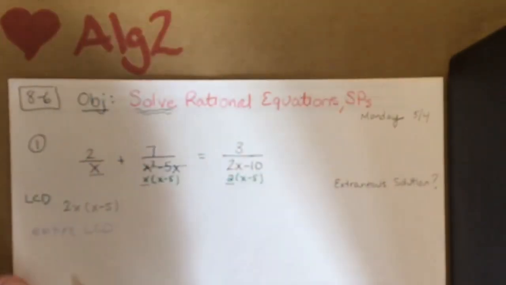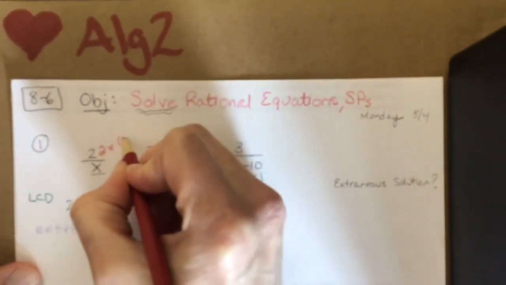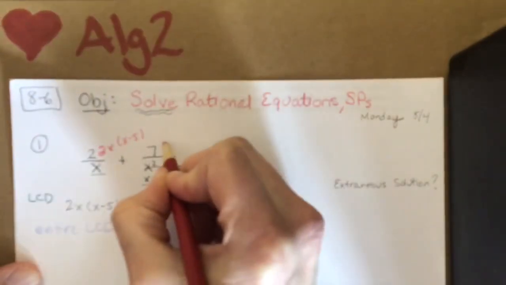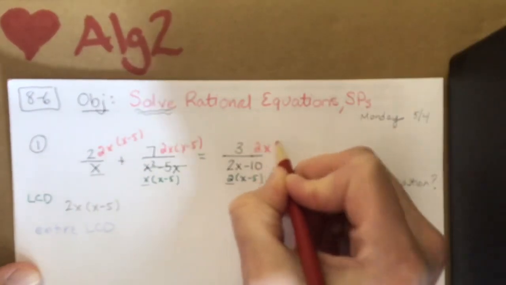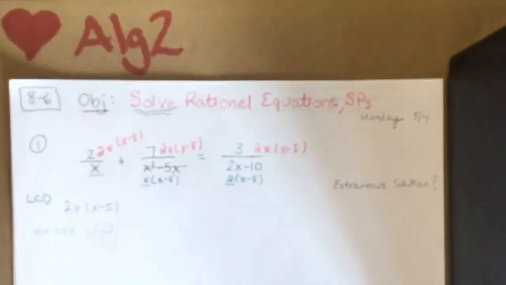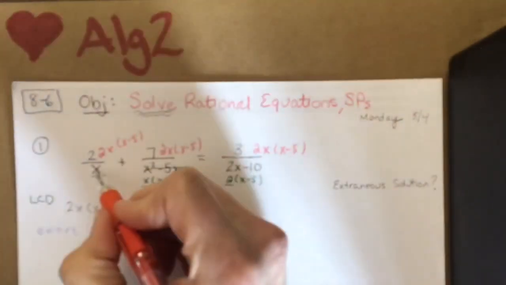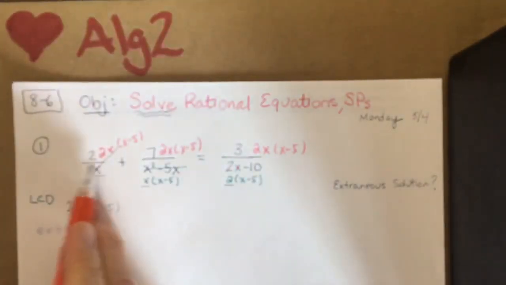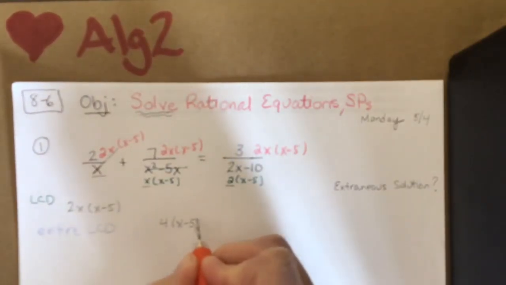Go with my red, I think. So I'm going to write 2x(x minus 5), 2x(x minus 5), and one more time, 2x(x minus 5). Then we're going to simplify this. What cancels first? The x's. So I have 2 times 2, 4, which gets distributed to x minus 5.